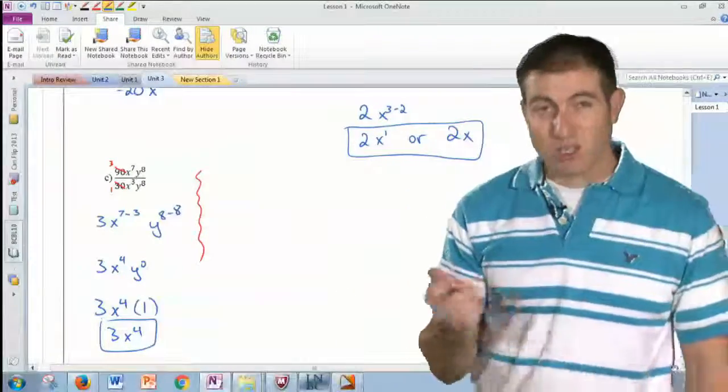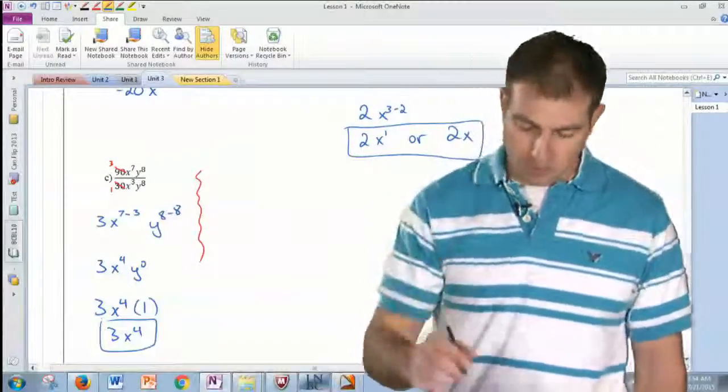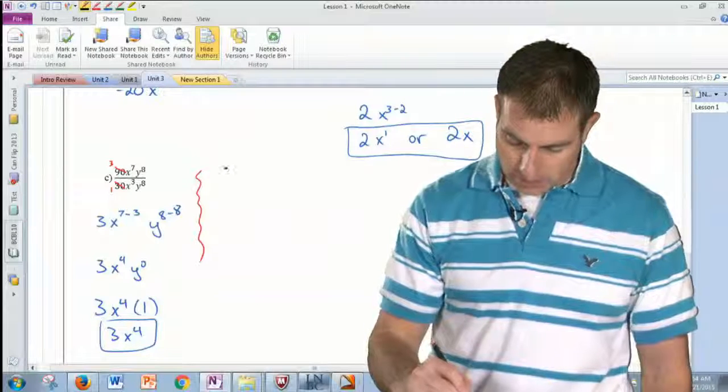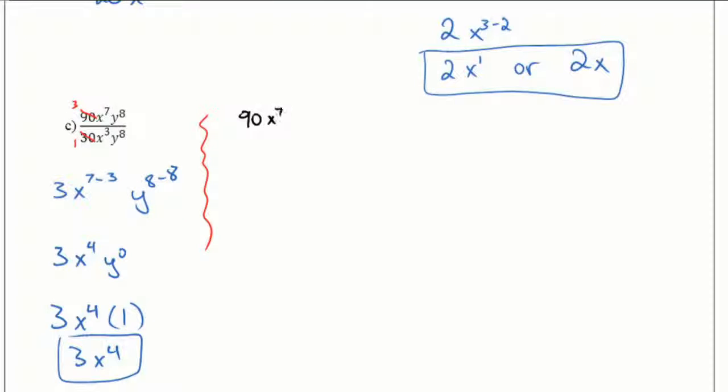The way that I usually do it, the way that works in my brain, is if I just rewrite this, 90x to the 7, y to the 8, over 30x to the 3, y to the 8. I like canceling things when I have division. So I would go 90, 30 is going to go in there 3 times, 30 is going to go in once.